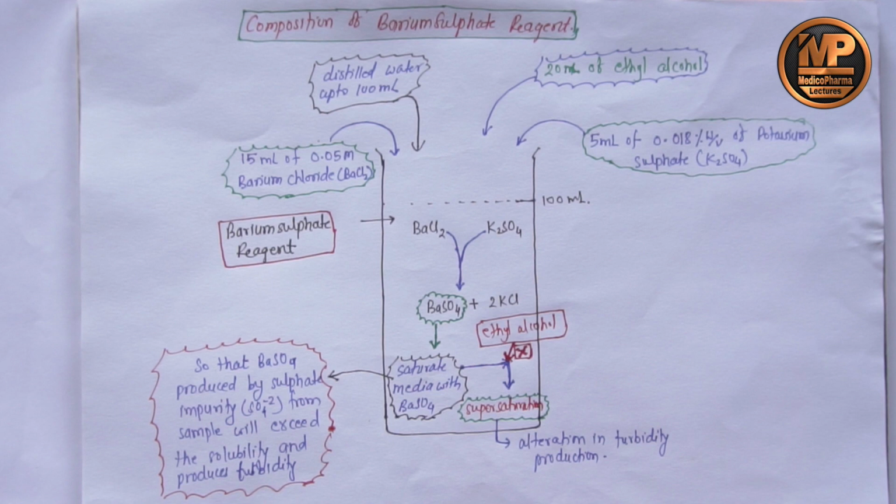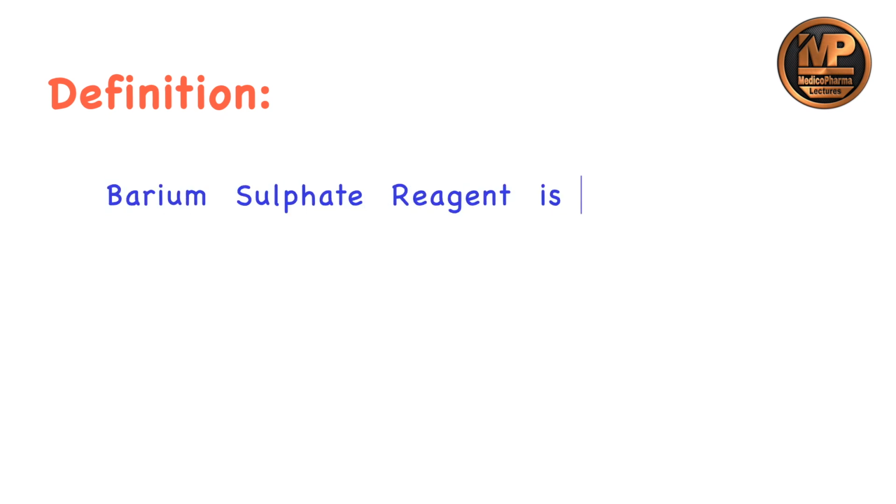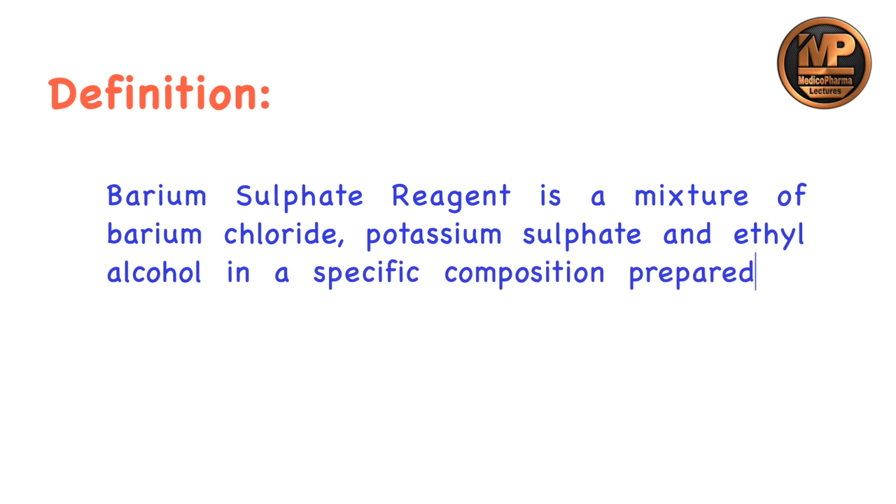Now whatever we have understood, we will summarize and write in note form. First of all we'll see the definition. What is barium sulfate reagent? Barium sulfate reagent is a mixture of barium chloride, potassium sulfate and ethyl alcohol in a specific composition, prepared to carry out the sulfate limit test.